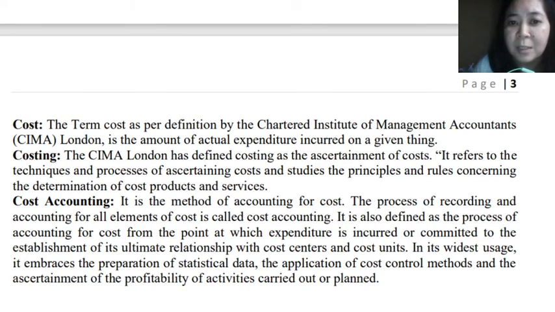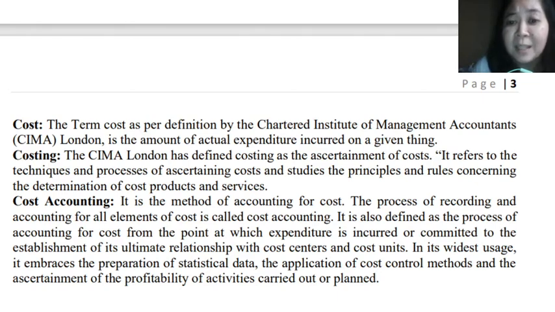When we say cost centers or cost units, this may mean a division in a particular business entity, a segment, or a department. So how to account for the cost of these centers or units.